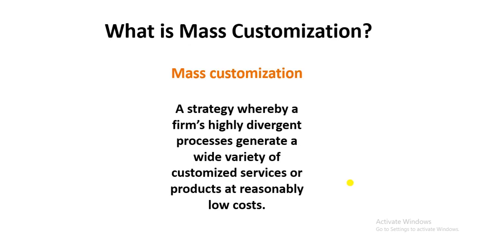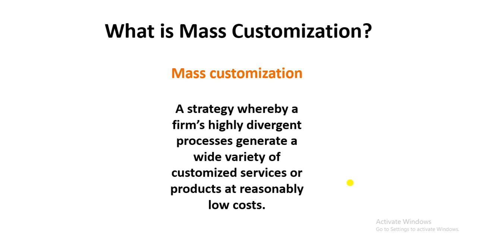there is a new concept which is called mass customization, and as you can read from your slide, it is a strategy where a firm's highly divergent processes generate a wide variety of customized services or products at reasonably low cost.